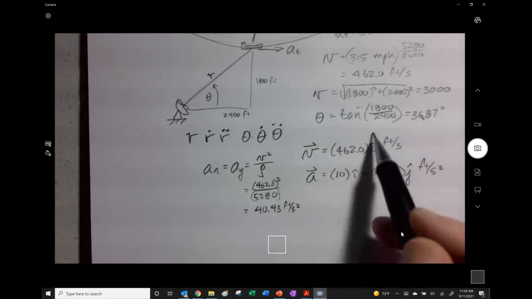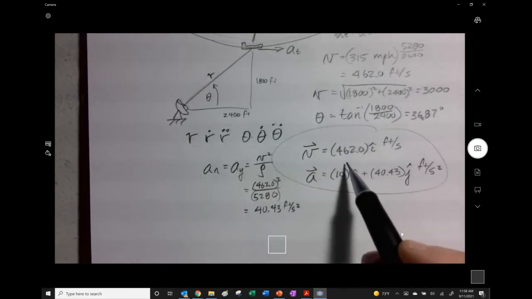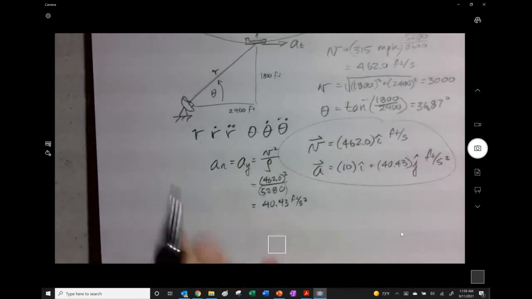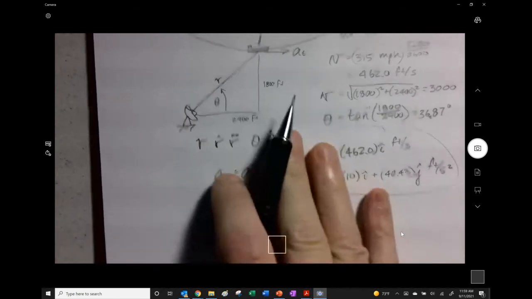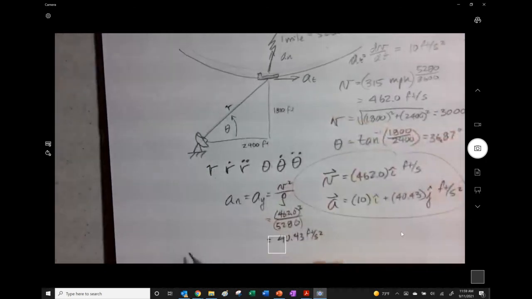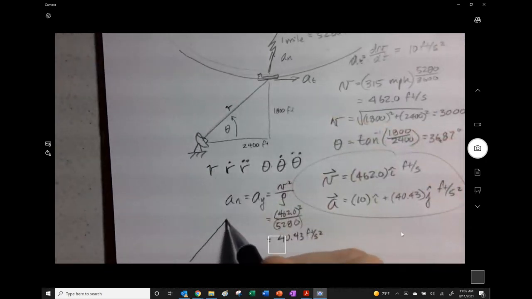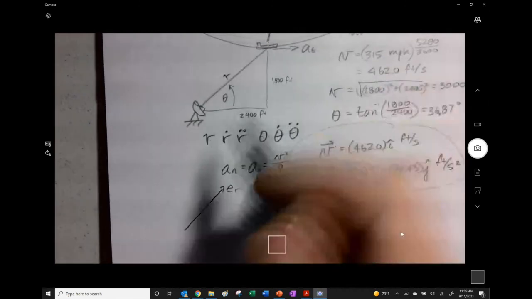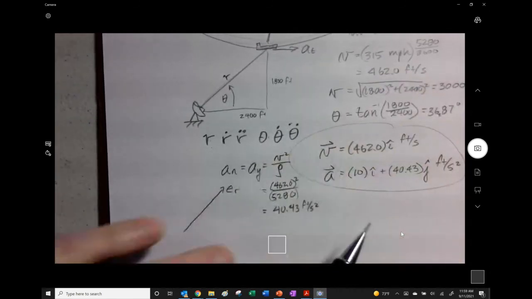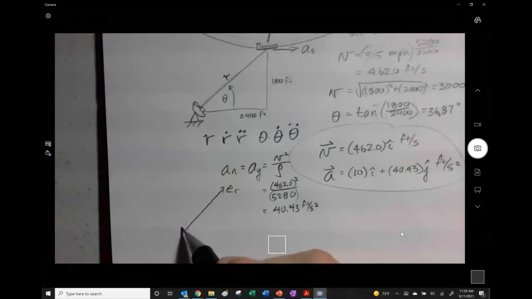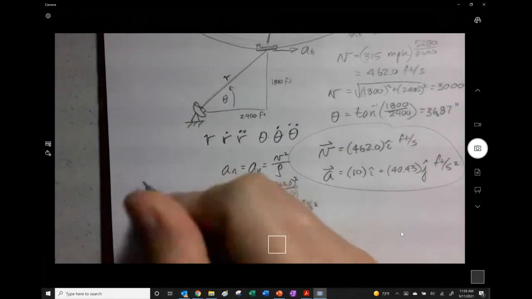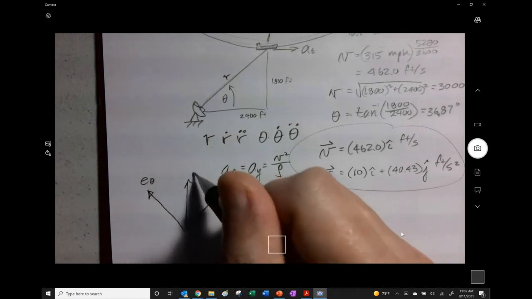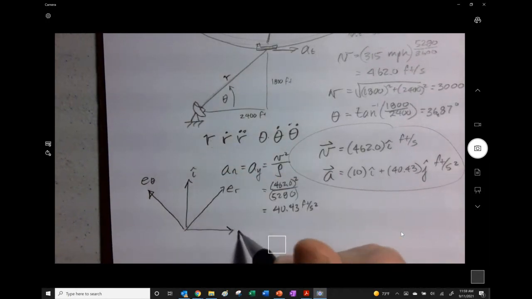But anyway, okay, so we have it in i and j. So obviously the best thing for us to do is do a coordinate transformation. So looking at this carefully, we can see that the e_r is going to be in that direction, right? And e theta is going counterclockwise, so that by its definition is this one right here. And we have i, and we have j.